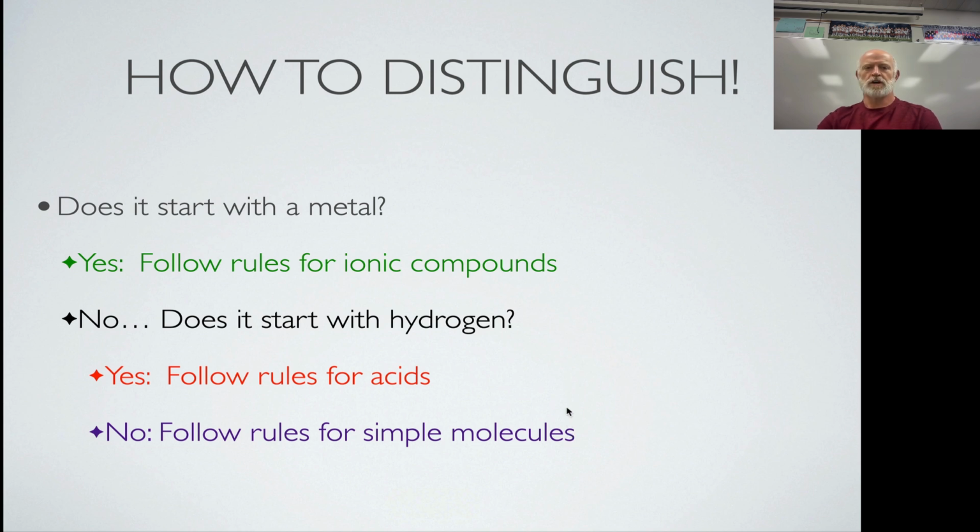Okay? So those are our 3 basic questions, or 3 different steps that we want to take a look at to how do we distinguish what a substance is. Okay? If it starts with metal, we got an ionic compound. If it starts with hydrogen, it's an acid. And if it starts with any other non-metal, we're going to deal with them as simple molecules.